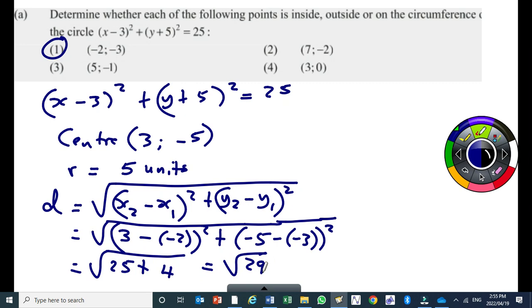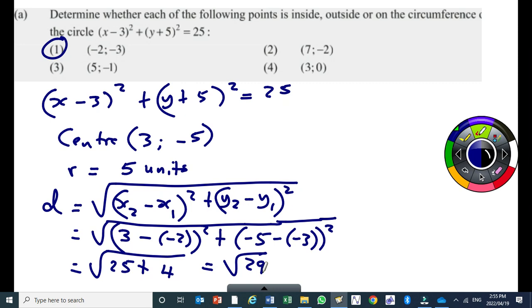All right, now, then we must compare now using common sense. Is square root of 29 greater than 5? Yes, it is.